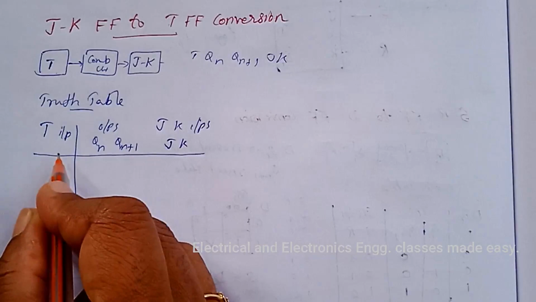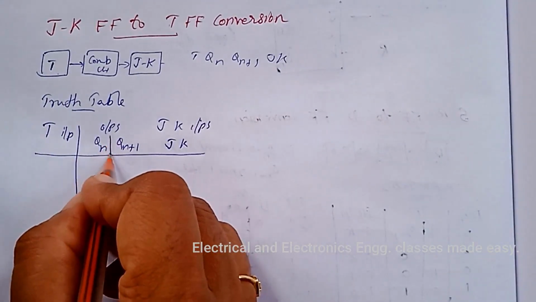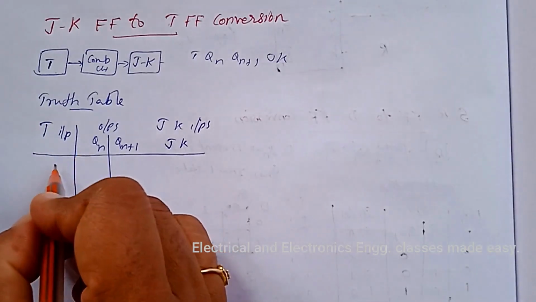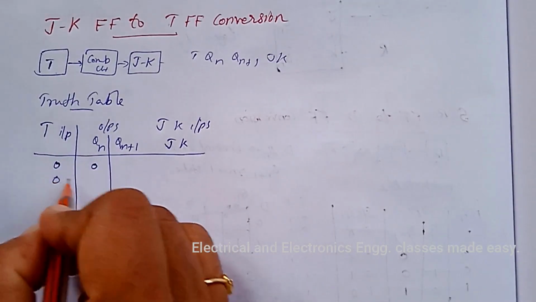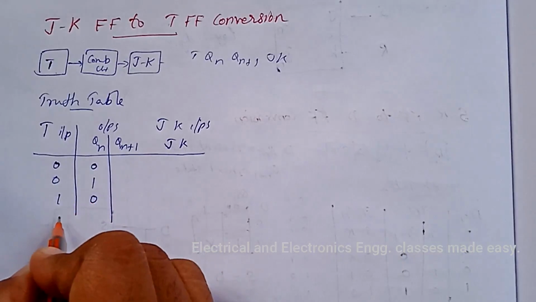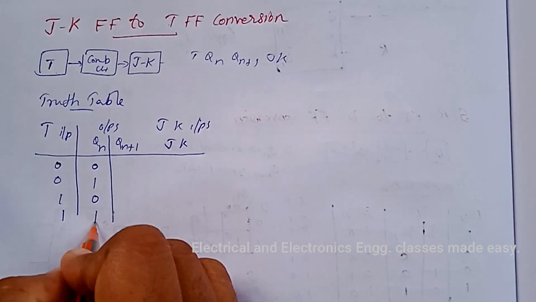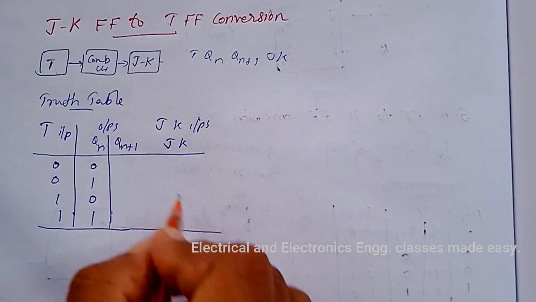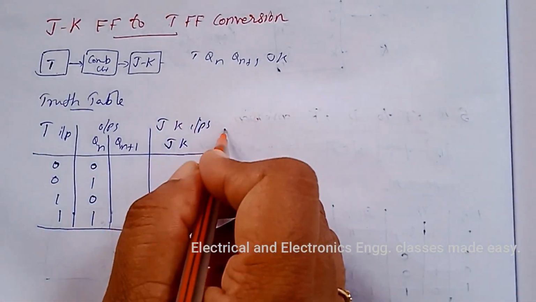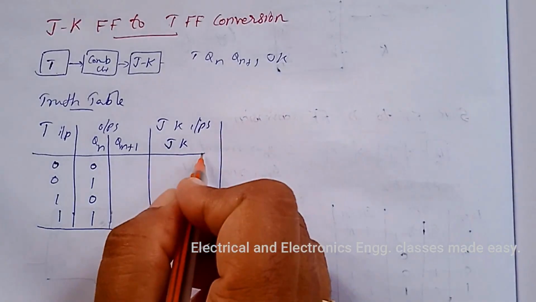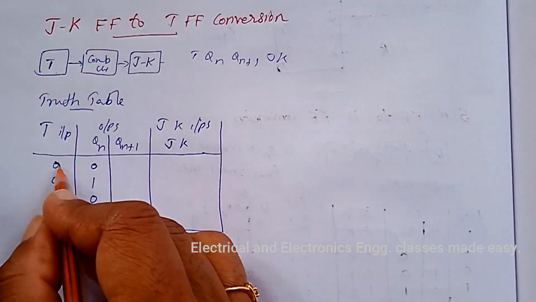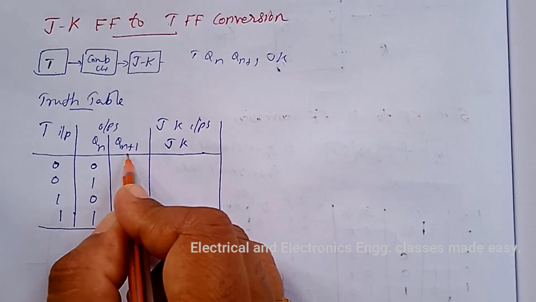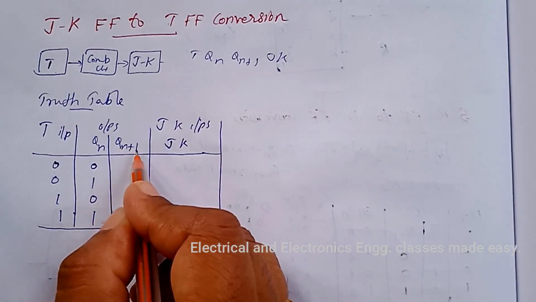And here T and Qn make 4 combinations, that is 0 0, 0 1, 1 0 and 1 1. So for these combinations we have to find the next state to be obtained, that is Qn plus 1.